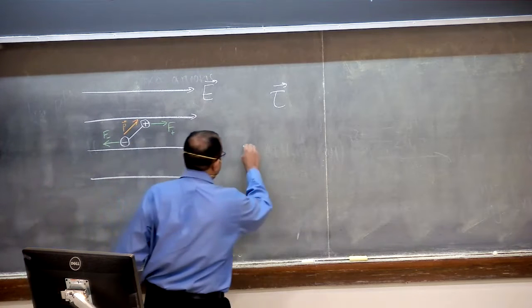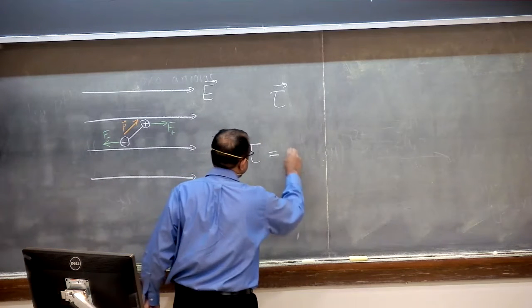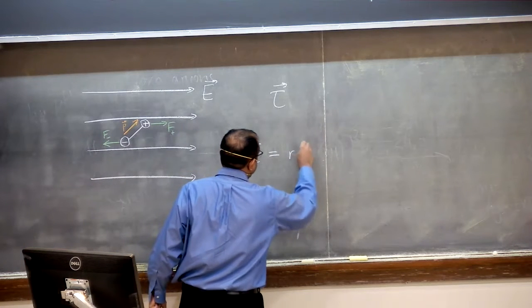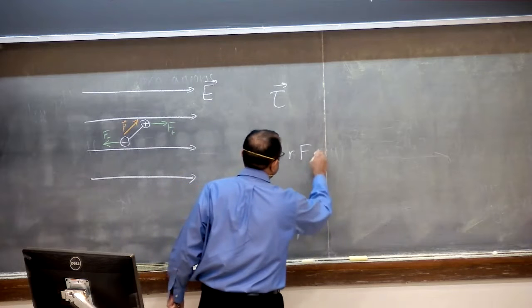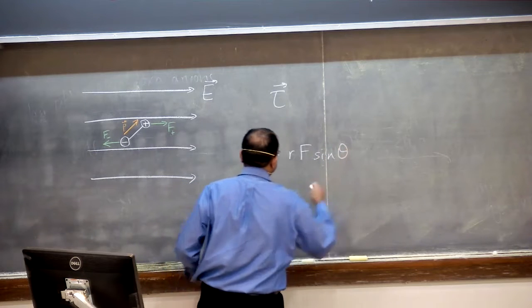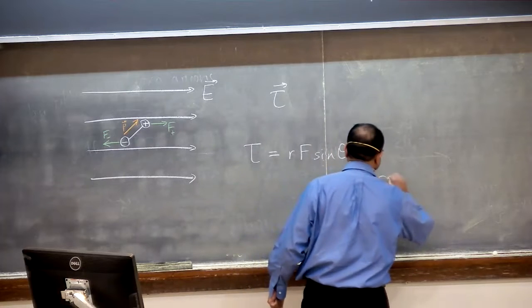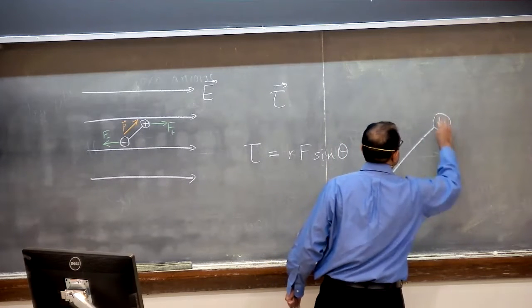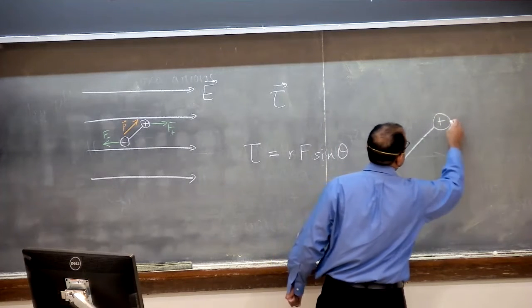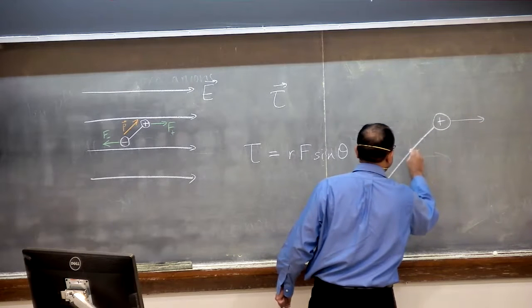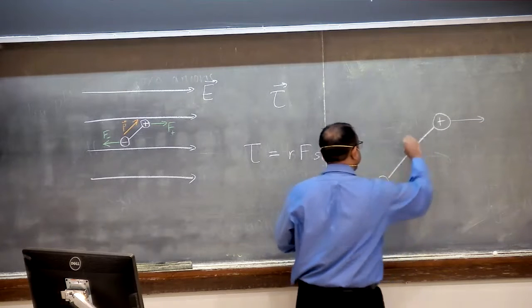And if we just wanted the magnitude, we could say, oh, okay, it's rF sine theta. Let me just draw that dipole a little bit bigger. And so we have the force. This is the central axis.